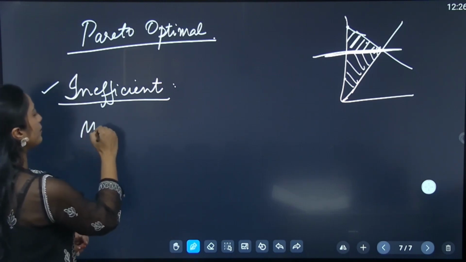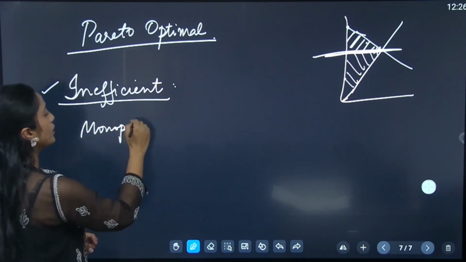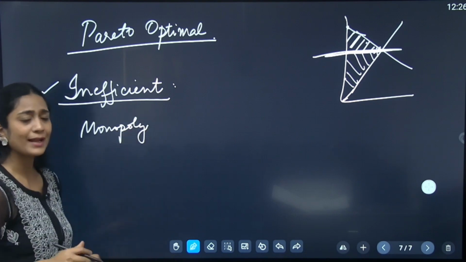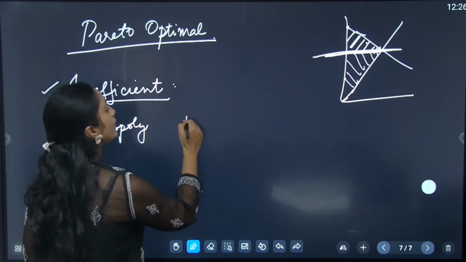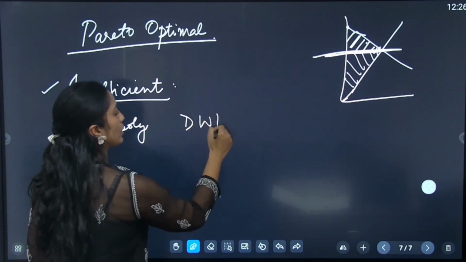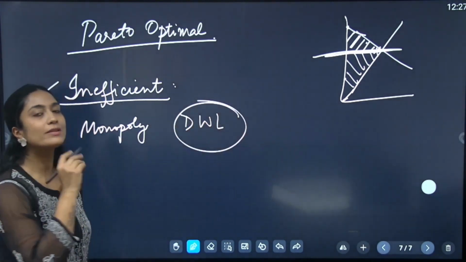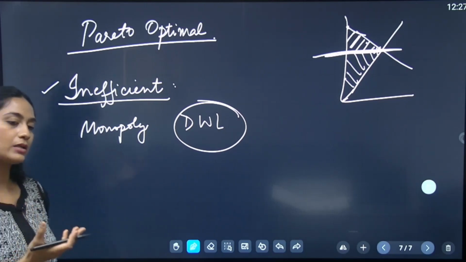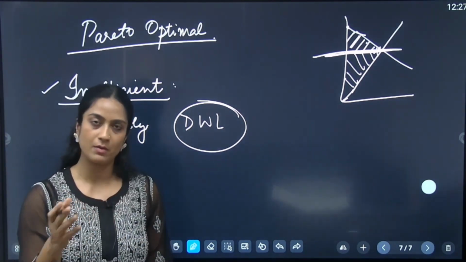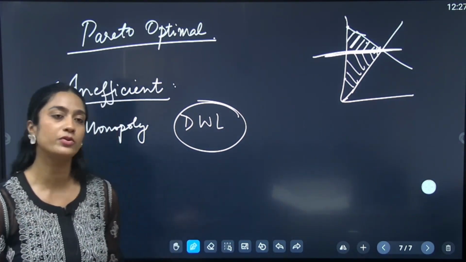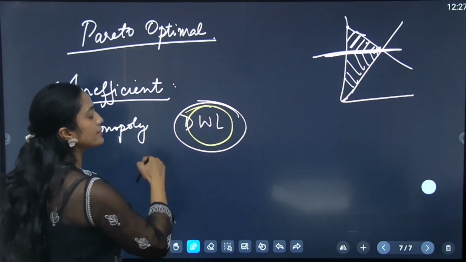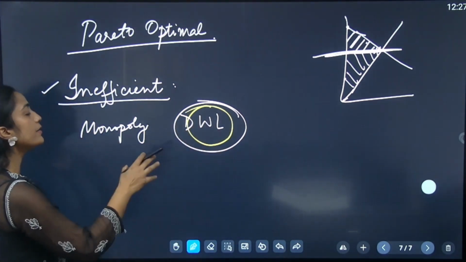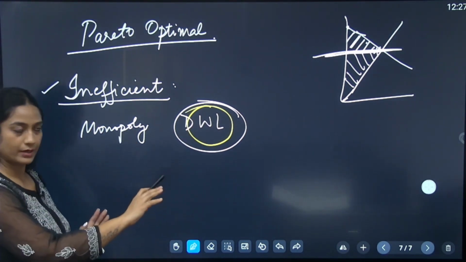So like in a monopoly, right, or when you introduce taxes, per unit taxes in a system, then you get what is called the deadweight loss, right? So this loss is not going to any agent in the market. It's not going to the consumer, it's not going to the producer. This is basically a loss. ये एक loss है, and that's why this is considered a wastage, right?